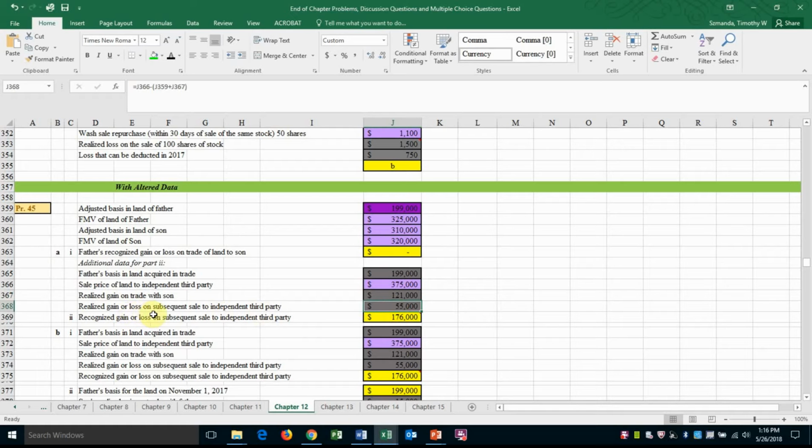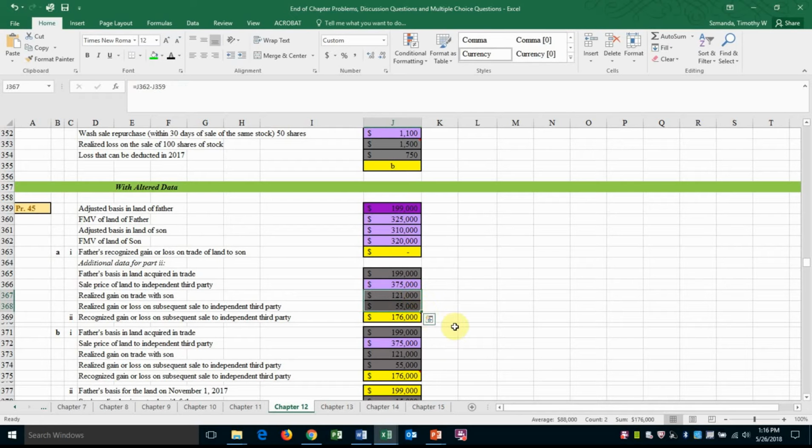The realized gain or loss on the subsequent sale to the third party is the difference between the sale price of $375,000 to the real estate broker minus the sum of $199,000 plus the $121,000. That shows a gain between the independent party and Carlton, the father, of $55,000.